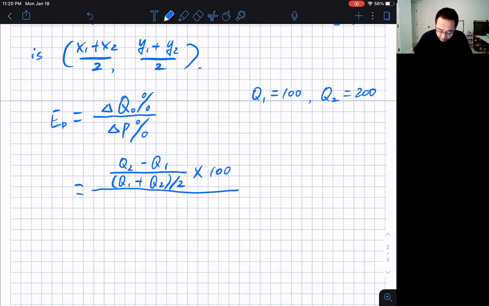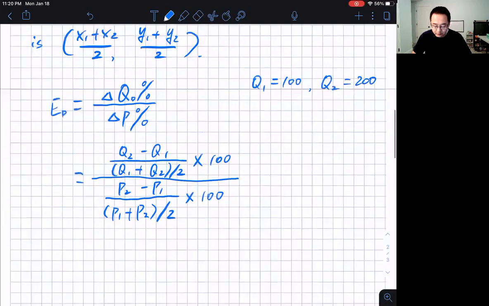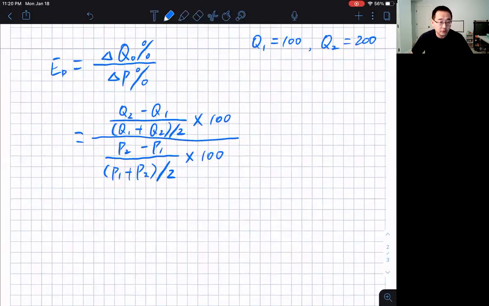Similarly for prices, you do P2 minus P1 divided by the midpoint of your price, P1 plus P2 divided by 2, then times 100. That is how we calculate your elasticity of demand, which tells you how sensitive your quantity demanded is to price changes.